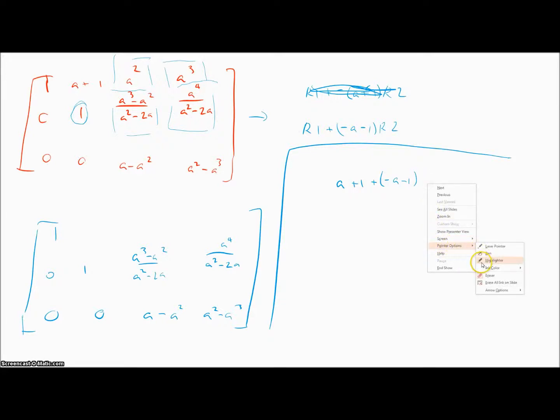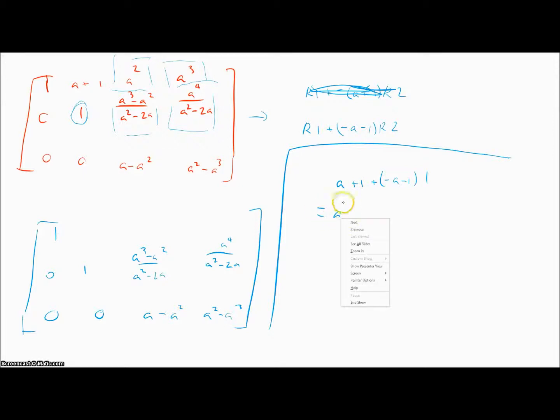I'll put row 1, I need to put row 2 there, times 1. So working that out, and this is something that if you do enough of them, it has to be obvious, otherwise it's going to take you forever. A minus a, 0. 1 minus 1 is 0. So we get 0 plus 0, 0 here, which was the whole point.